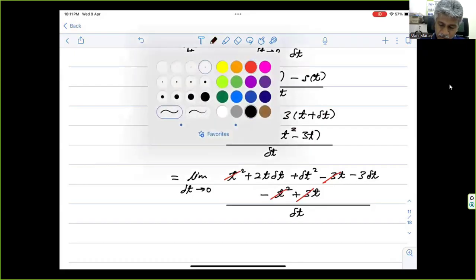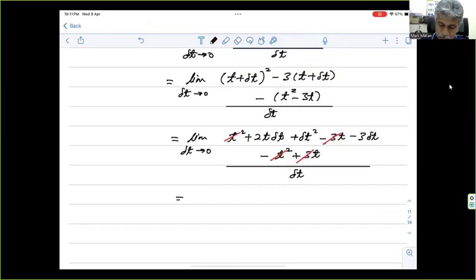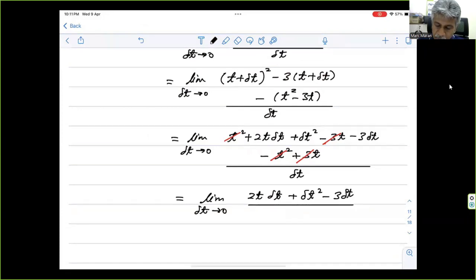So we can copy down. So you got limit of delta t to 0, 2t delta t plus delta t squared minus 3 delta t, and divide by delta t.